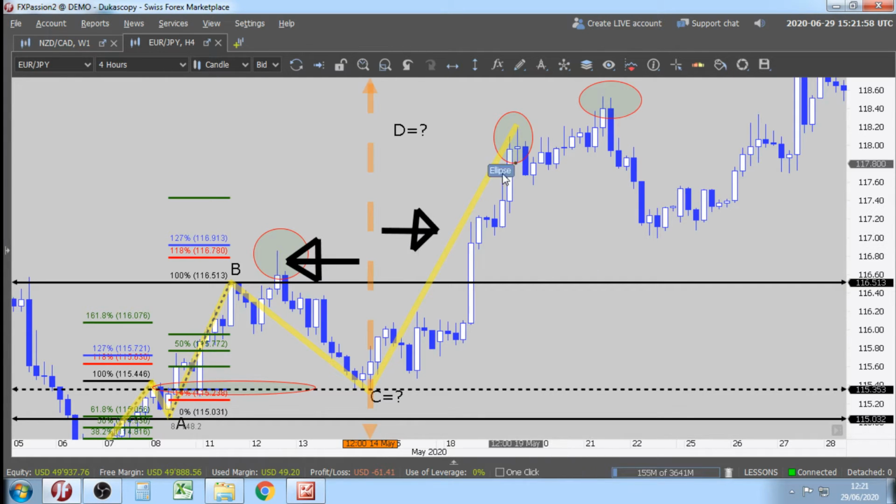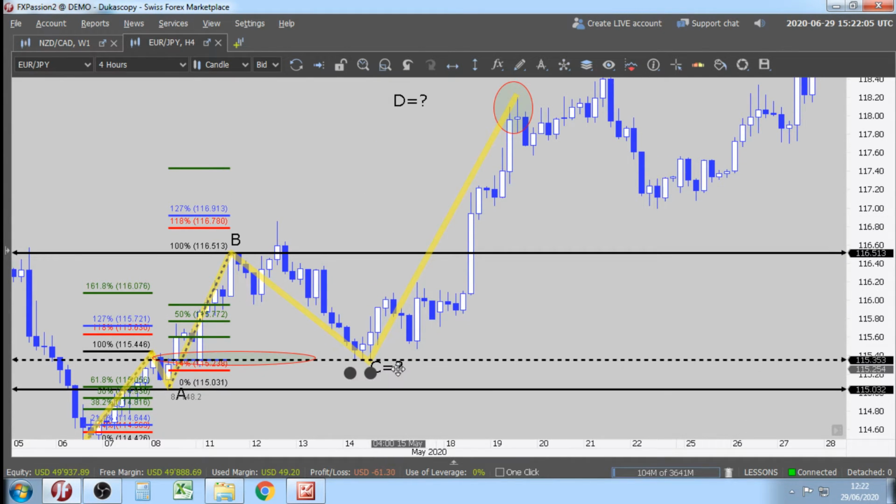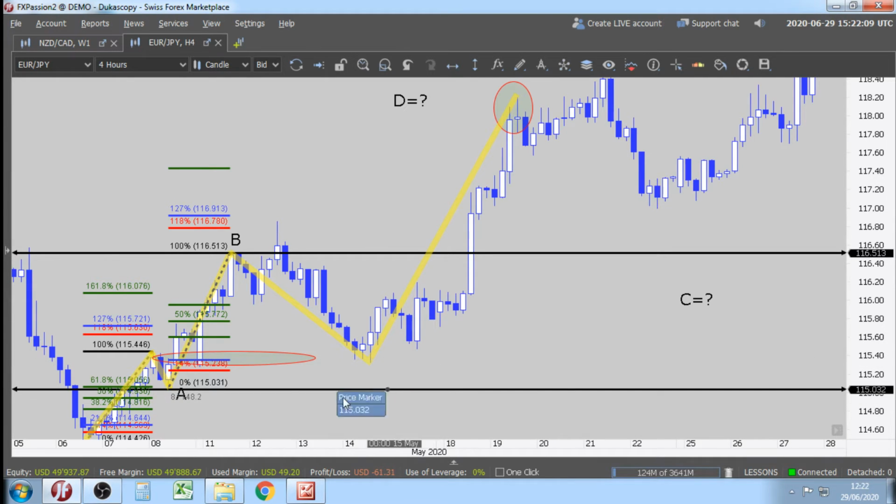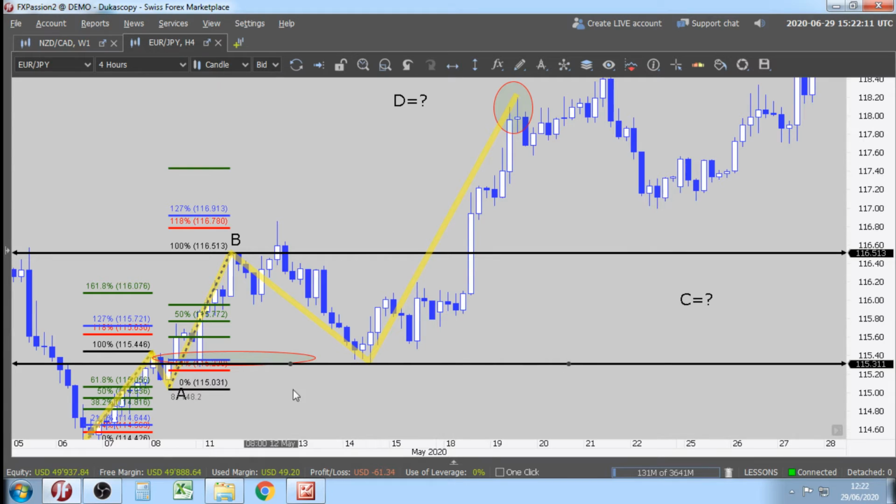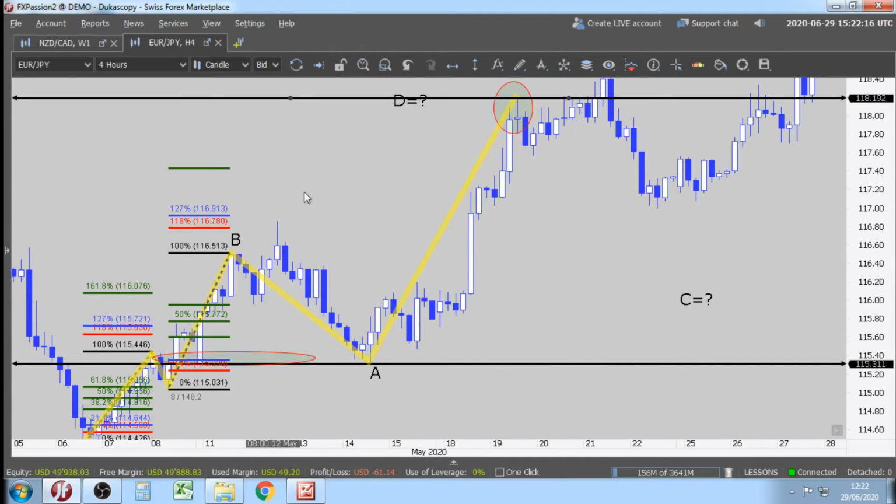Okay, clear, great. So we're going to delete the circles and the arrows. And again, what we're going to do is move A, horizontal line, A goes to C, horizontal line, B goes to D, right?